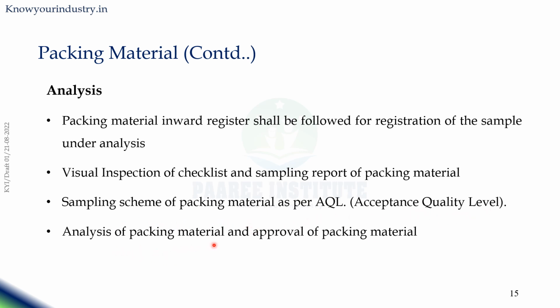Then the analysis and approval of the packaging material will be verified by the quality assurance department of the specific R&D or manufacturing industry. The packaging material will be chosen based on several tested parameters supplied by the vendors. If required, the R&D or the manufacturing unit can do some tests to confirm the quality of the particular packaging materials.